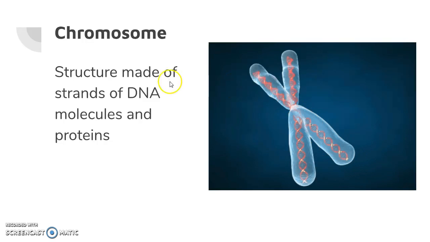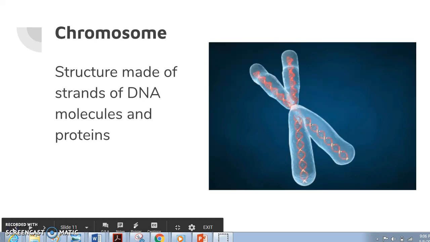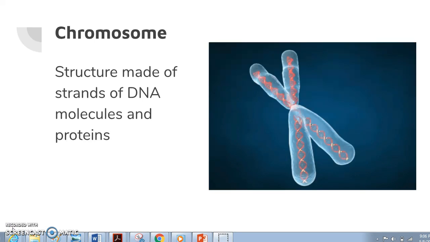So, a review of a chromosome. Their structure is made of strands of DNA molecule and protein. Chromosomes come in different forms. This is what you usually see. It has the X shape.